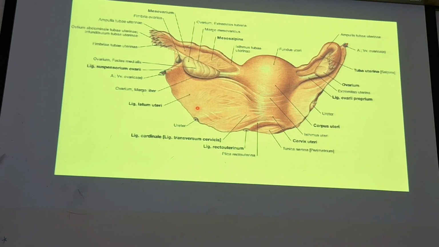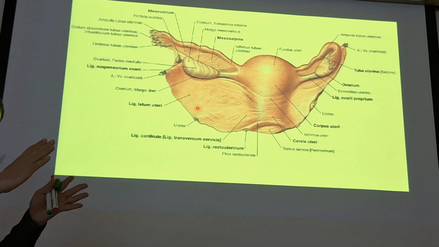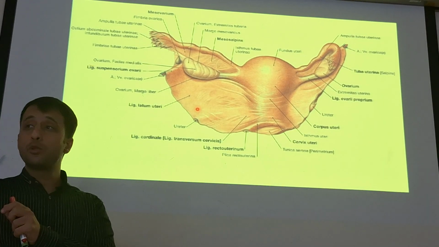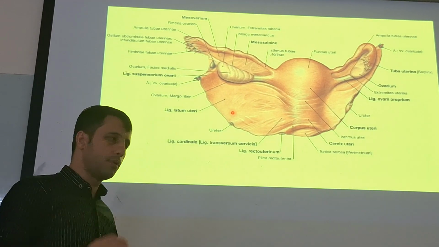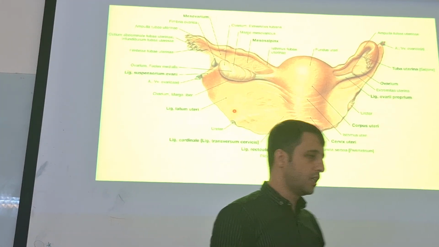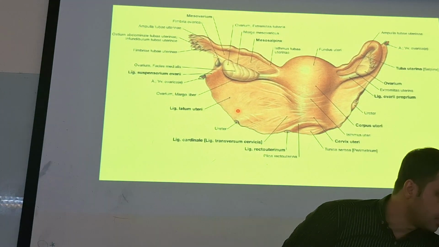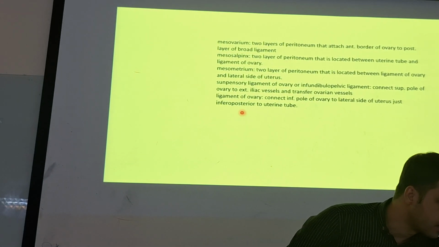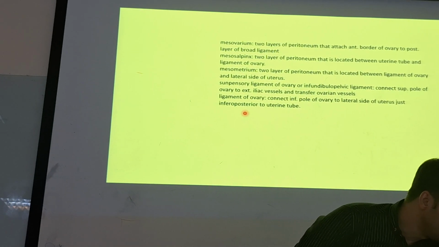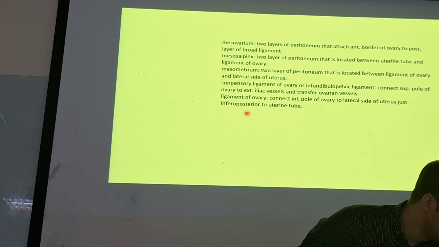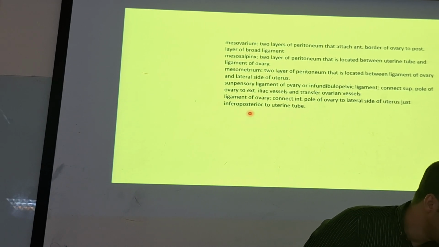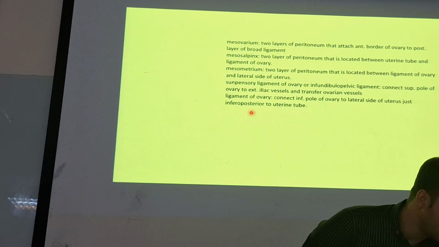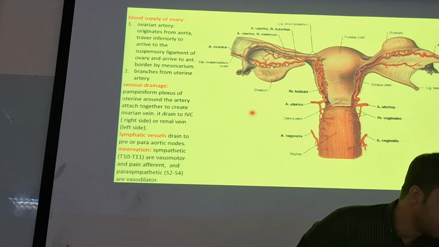The ureter is retroperitoneal, but it is partially covered by the broad ligament. These structures are located in the broad ligament: mesovarium, mesosalpinx, suspensory ligament, and ligament of the ovary.